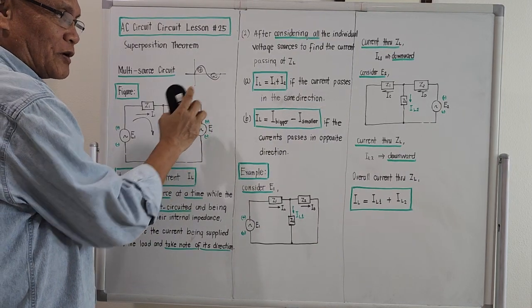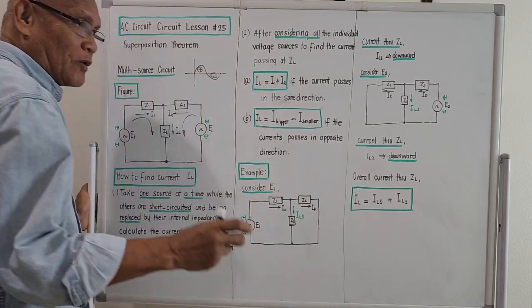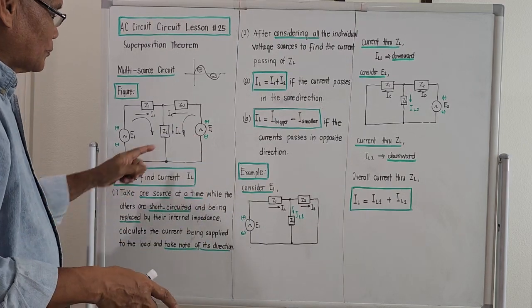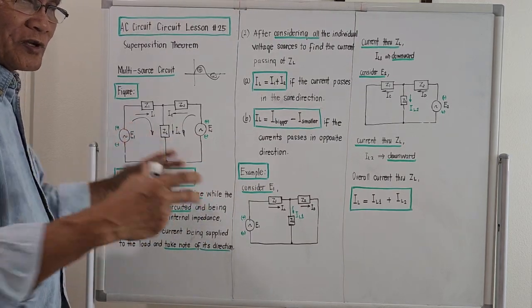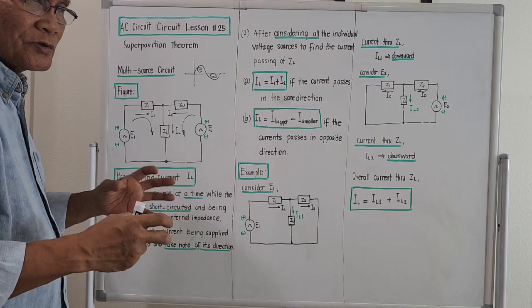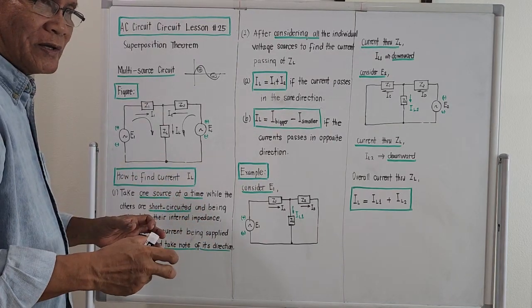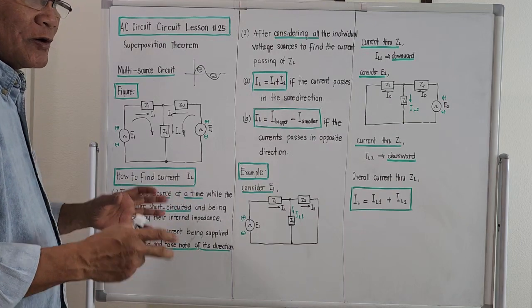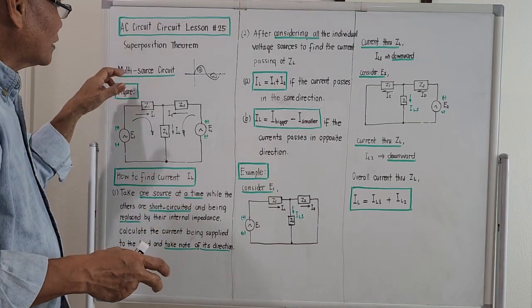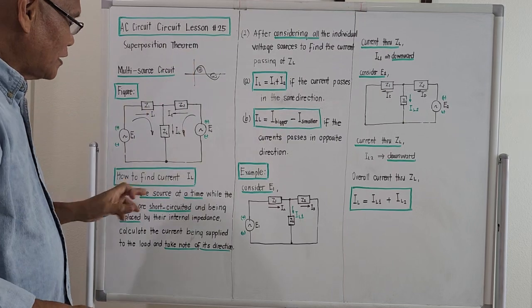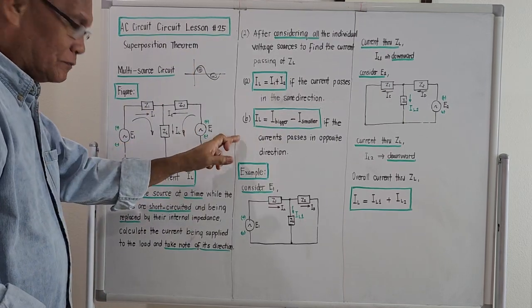But if there are two, we could not do anything about it to compute for the current. We must stick to the rule of the so-called superposition theorem. That's why superposition theorem concentrates on multi-source circuits, at least two alternators in parallel.